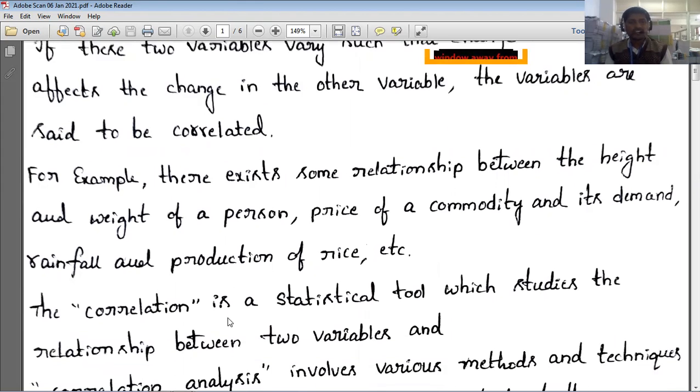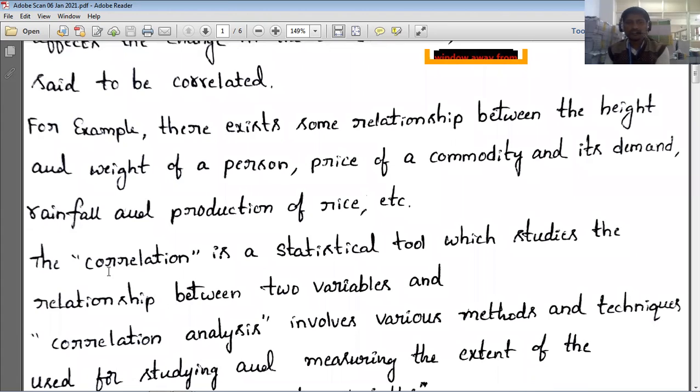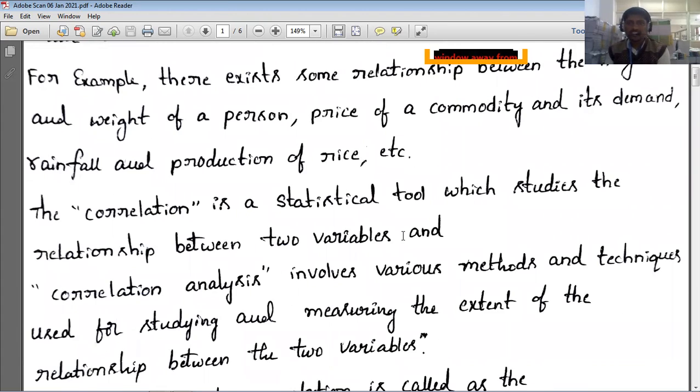Next, another simple definition: correlation is a statistical tool which studies the relation between two variables. So correlation is a relationship between two variables. If two variables are related, then that is correlation.